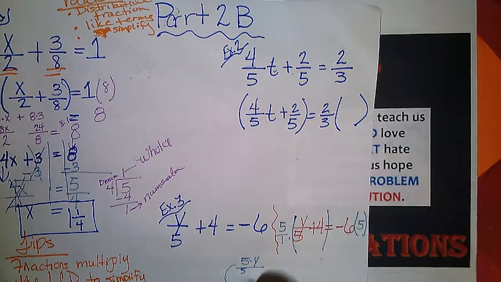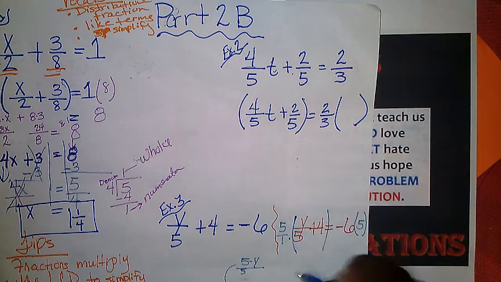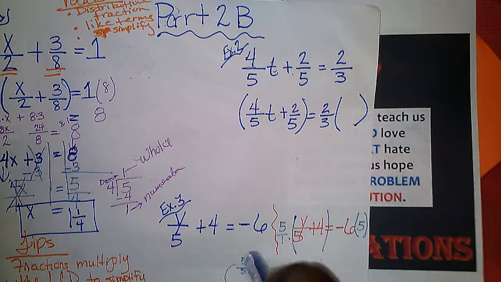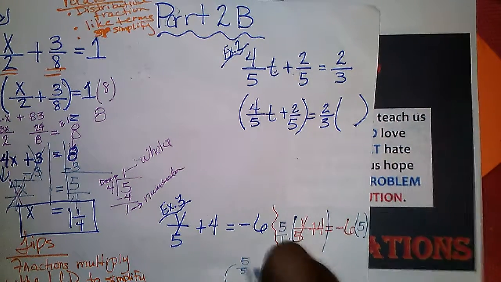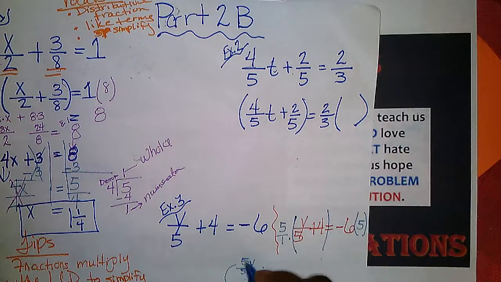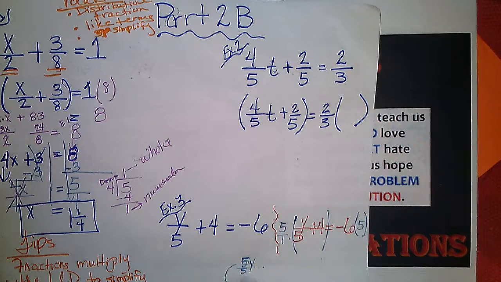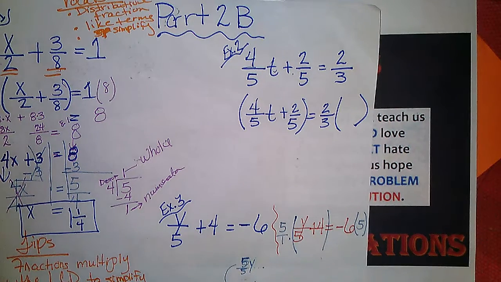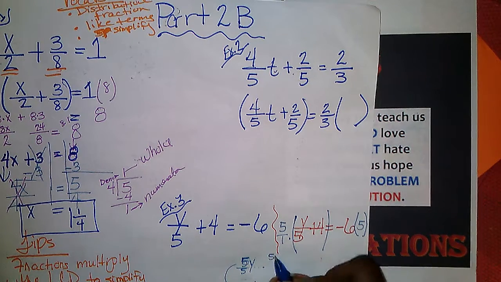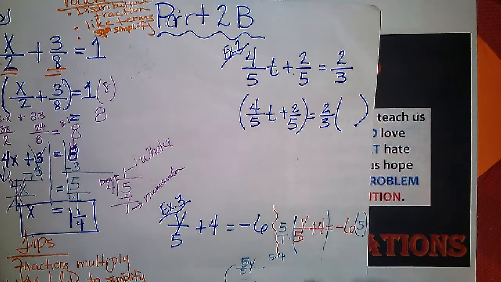So 5y, 5 goes into 5y one time, leaving you with just a y. And then you have 5 times 4, which gives you 20.